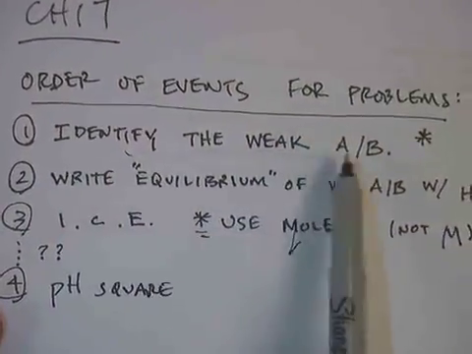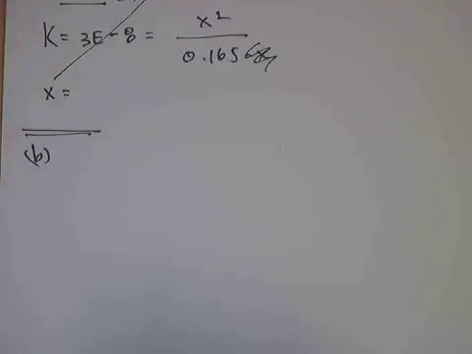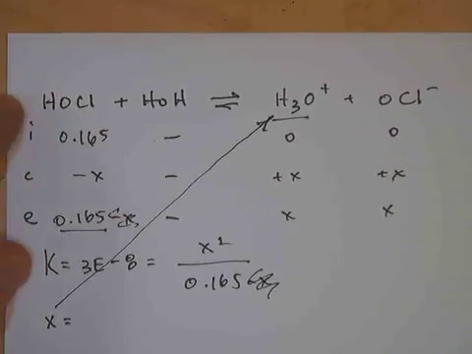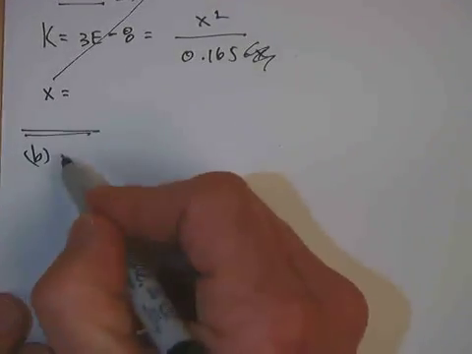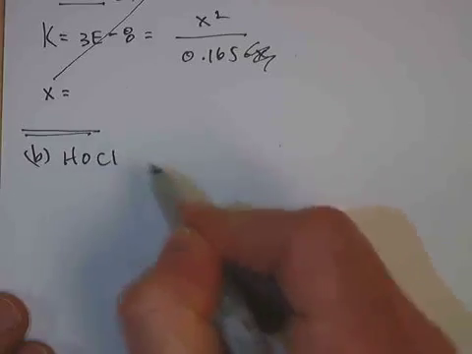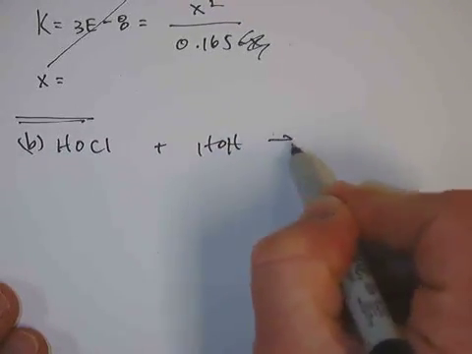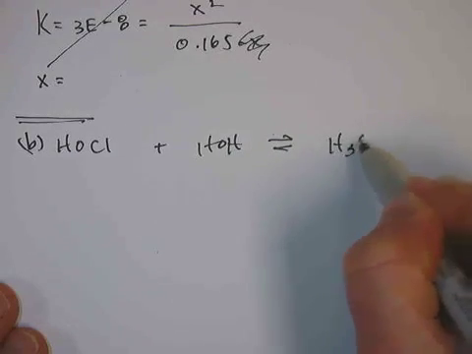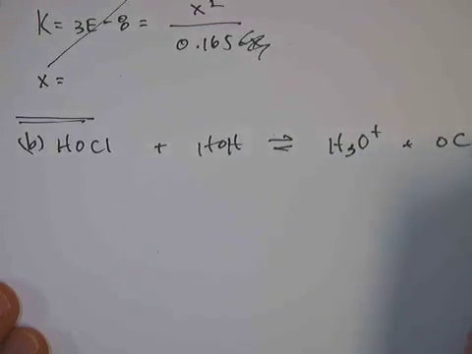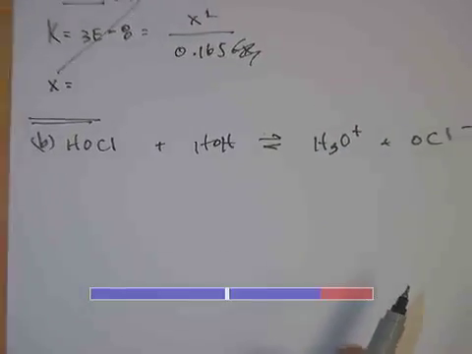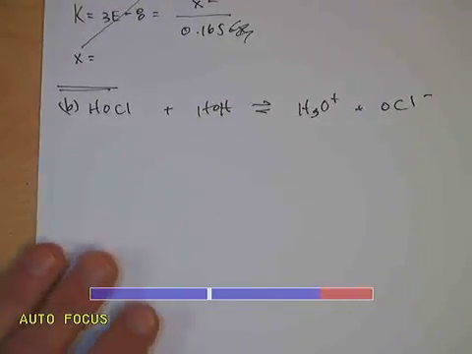And so the first thing, once again, in the order of events for problems, is to identify the weak acid or base. We already identified the weak acid in part A, and so that's the same thing that I'll use here, HOCl. Once again, when in doubt, react it with water, and I'll end up with the same equation where I get H3O+ and some OCl-.